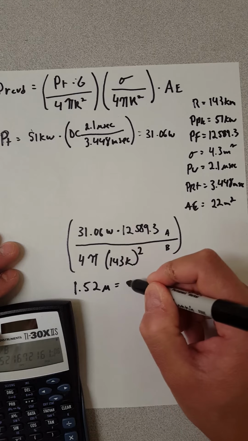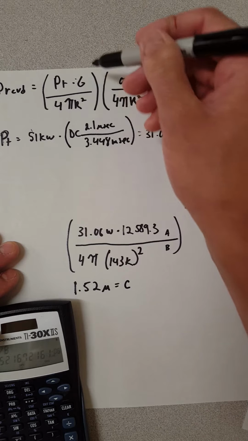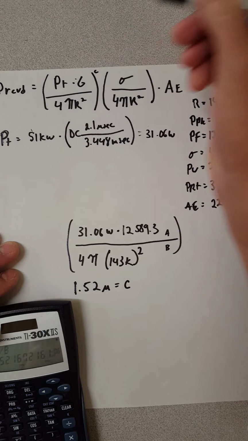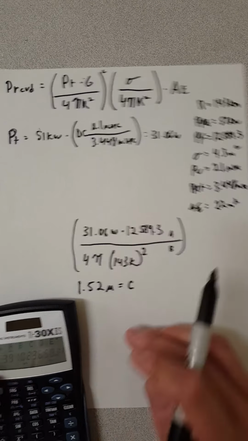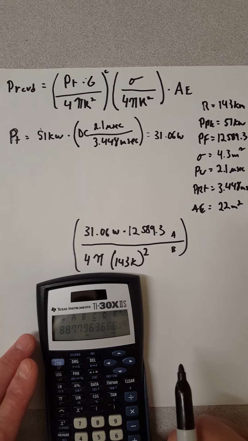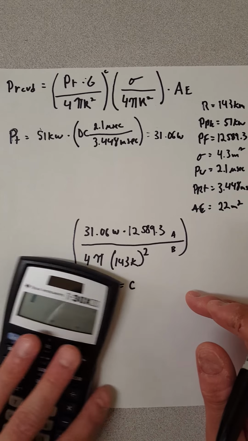And I'm going to label it as C because we're going to come back to it in the equation. So this whole part will be C. And I'm going to go ahead and store that in my calculator as C. Store function is incredibly handy.